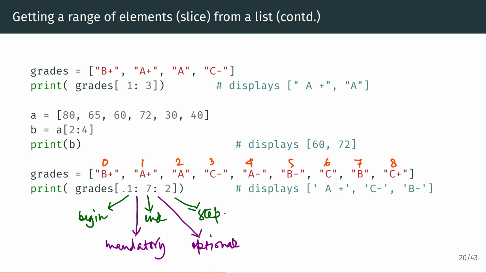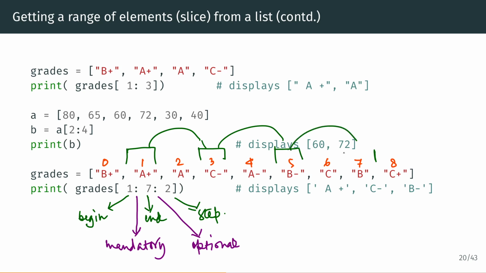Now what this says is display the sublist starting from begin index 1, so starting from here, ending at 7, so up to but not including 7. Okay, so up to here, but print every other element. So step size of 2. So the first one I'll print is this one, then I'll jump and then print this one, and then jump again and print this one, right?